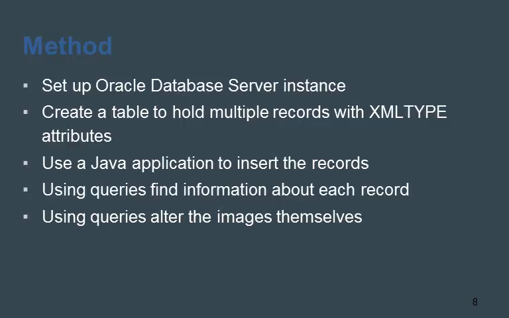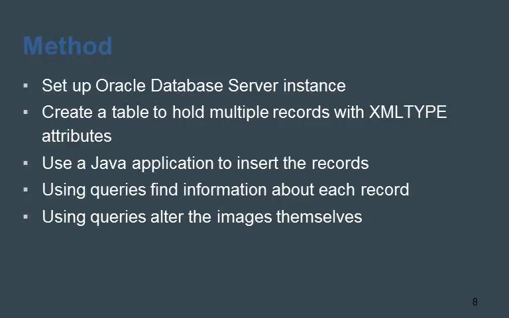So what I plan on doing is setting up my Oracle database and creating a table that holds an XML type record. I will then use a Java application to insert the records. The reason I'm doing this is because that seems to be the easiest way to actually get the XML type in there. Otherwise, I would have to directly type the XML into my insert statement, which would take forever.